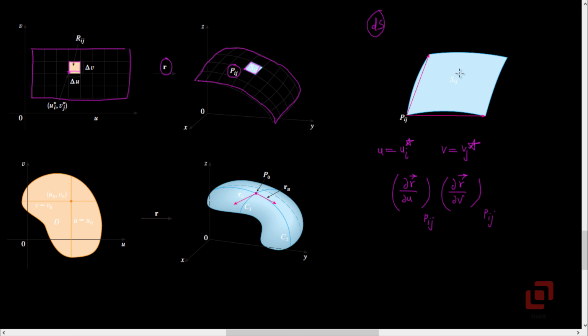We now approximate the area Sij as the area of a parallelogram, and to do that we first determine the magnitudes of these two vectors.